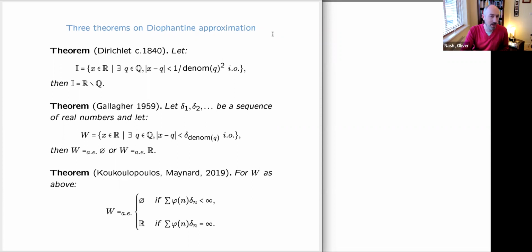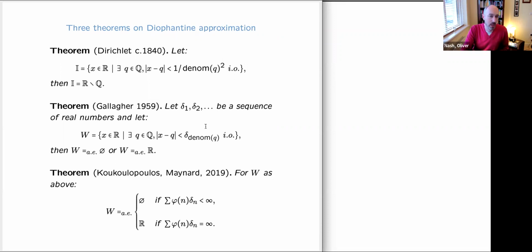Then, about 120 years later, there was this theorem due to Gallagher, part of his PhD thesis, I think. There are lots of ways these results have been generalized, but there's one sense in which you can generalize it, which is to say: instead of just focusing on an approximation within this sequence of 1 over the denominator squared, let's continue to index by the denominator of the rational number, but let it be any sequence of real numbers that determine the quality of your approximation.